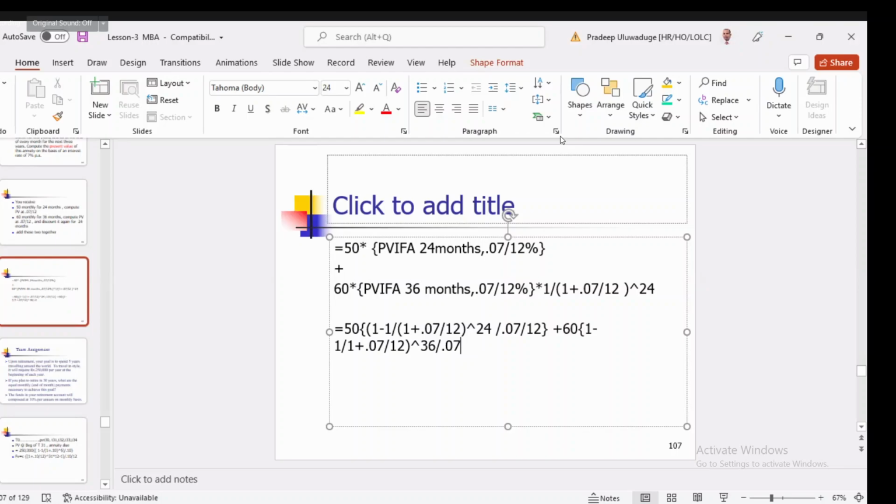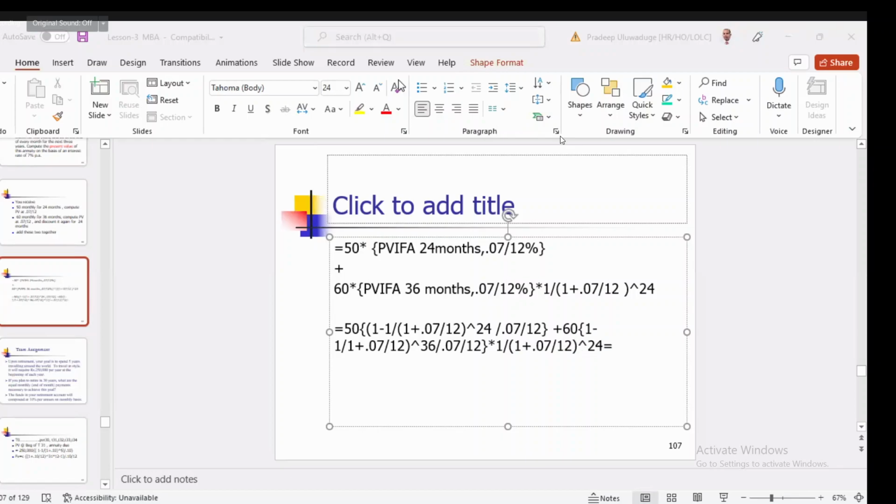And this has to be discounted at the same interest rate, multiplication here, 1 divided by 1 plus 0.07 divided by 12, again to the power 24. Has anyone given me the answer?